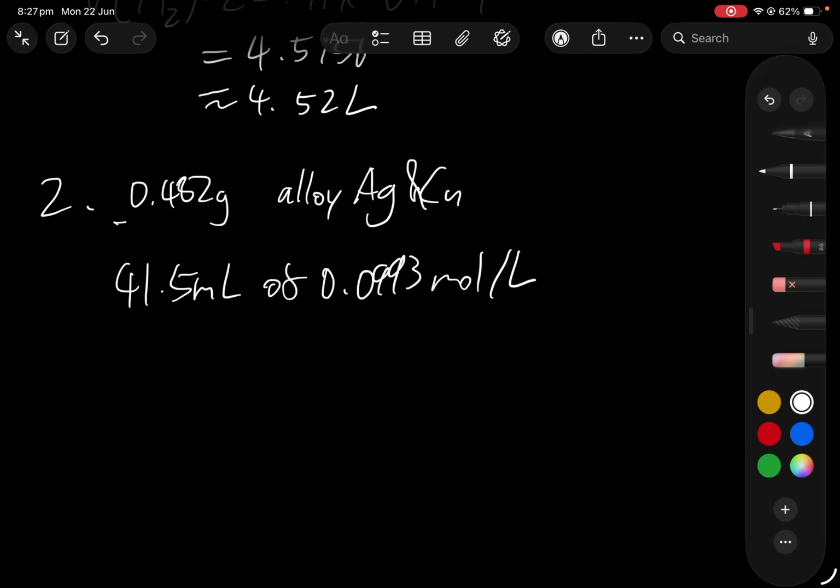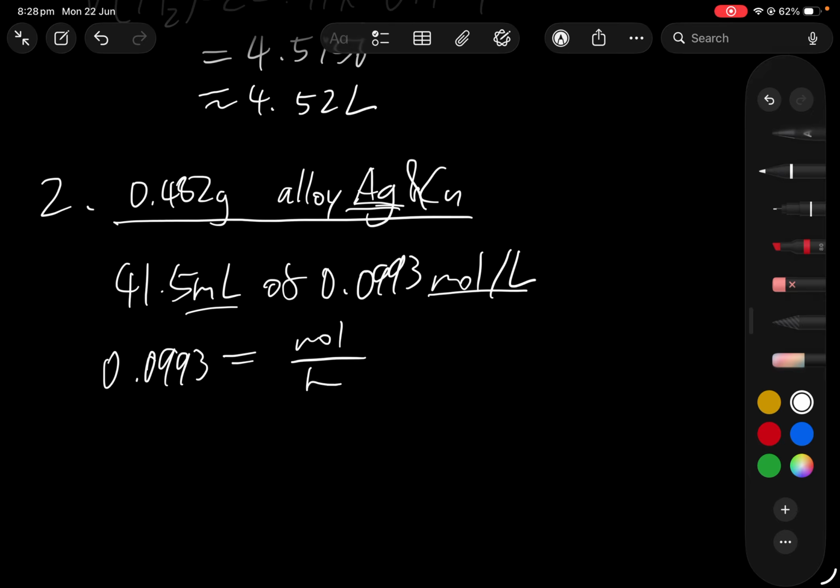Okay, this is obviously the last step, because that's the total amount of mass. So we first have to find the mass of only silver. How can we do that? Normally we would just use an equation, but look at the units. This is moles per liter. This is liters. So 0.0993 is equal to moles over liters.